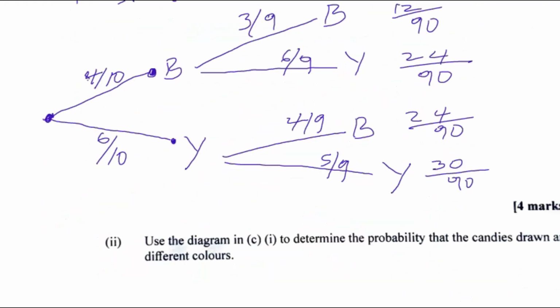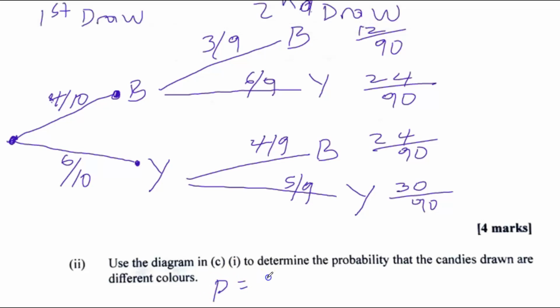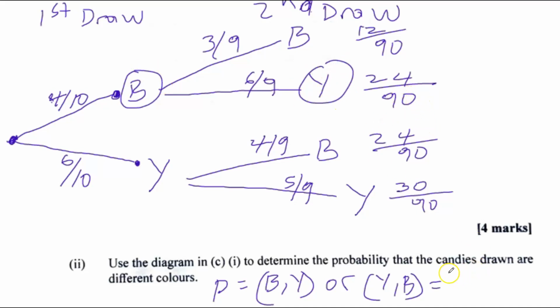So the question asks us to use the tree diagram above to determine the probability that the candies are of different colors. So the probability that the candies have different colors would mean that either you have blue and yellow, or you get yellow and blue. Alright? So if the first was blue, the second yellow, that's a probability of 24 over 90.